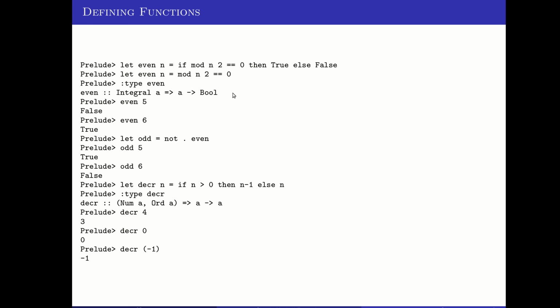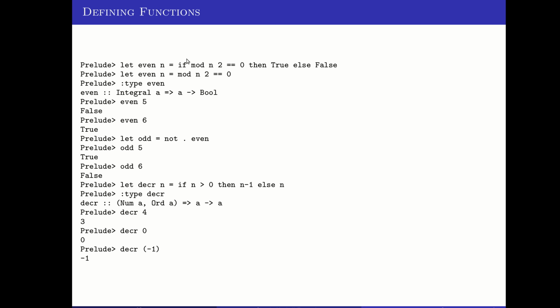Here's some other examples of defining functions. We can define an even function that takes a number n. In fact, it will be specifically limited to an integral in the way I've done it here because I've used mod, which has some limitations on its types.